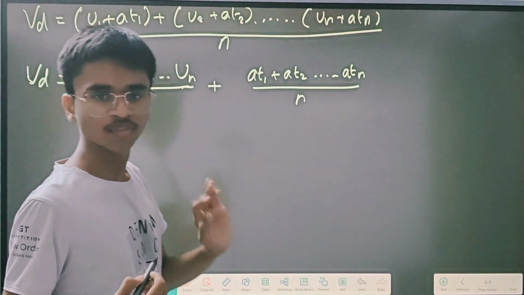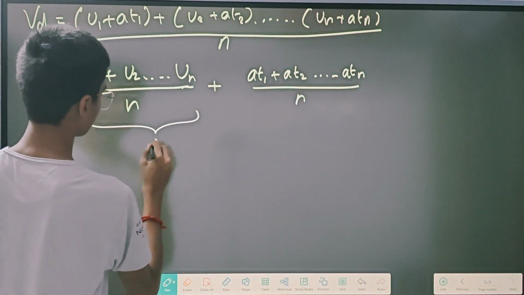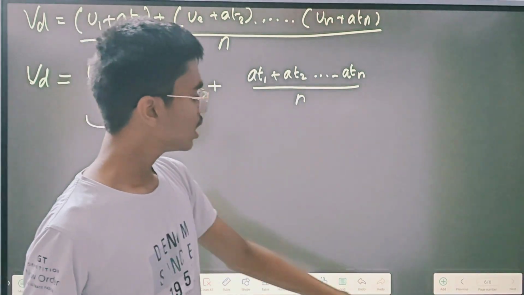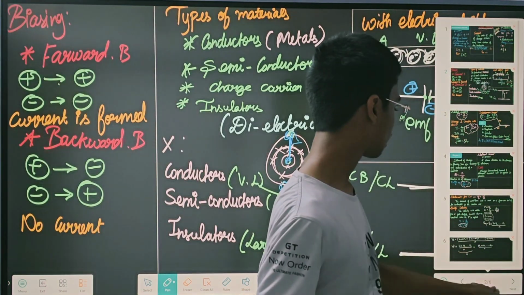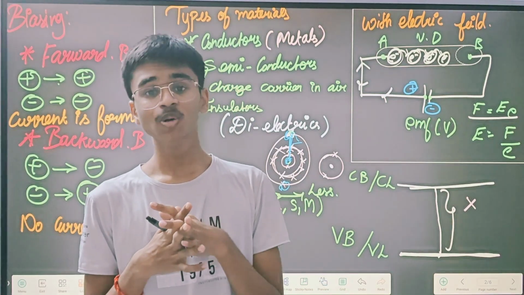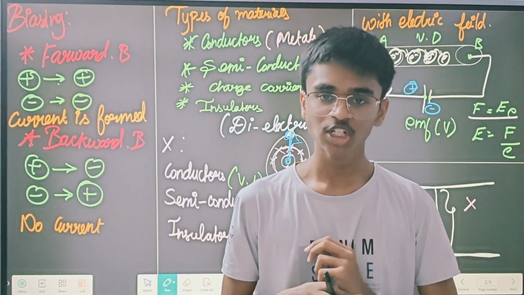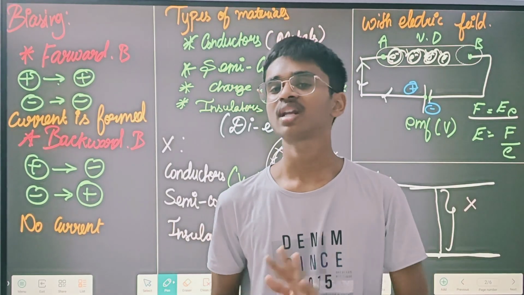Okay, so these are two different terms that you have got. See, this first total thing is going to be 0. It's very simple. Normally electrons will not be moving with such a speed. Before this force hits, they will not have such a speed. Yes, electrons have the potential to travel around the speed of light, but they won't be traveling at that speed always.